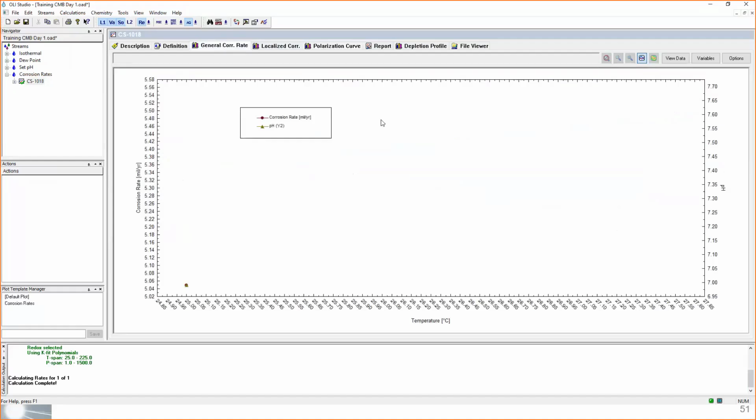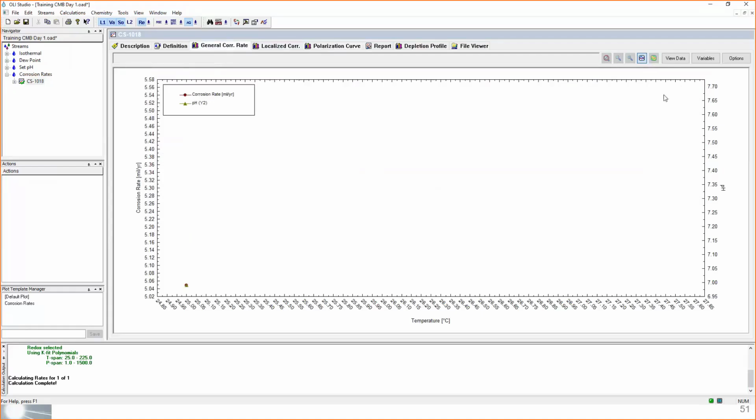Okay, so in the general corrosion rate tab, the default plot is usually corrosion rate as a function of temperature, but we are only calculating one single point. So in here, what we need to do is to make sure that we see the table form, the tabulated form, rather than the plot version of the results.